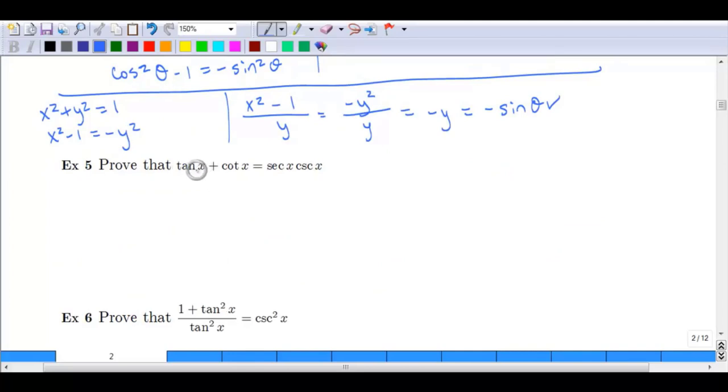Tangent of x, and again, we can use x instead of theta, that's perfectly fine. Just pay attention to which variable is being used in each case. Tangent of x plus cotangent of x is equal to secant of x cosecant of x.